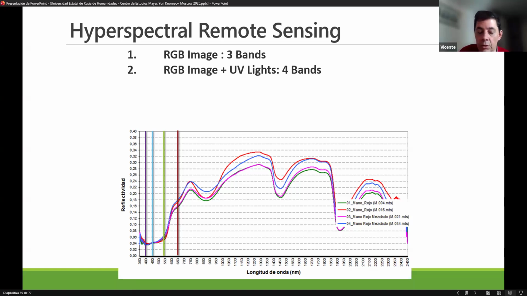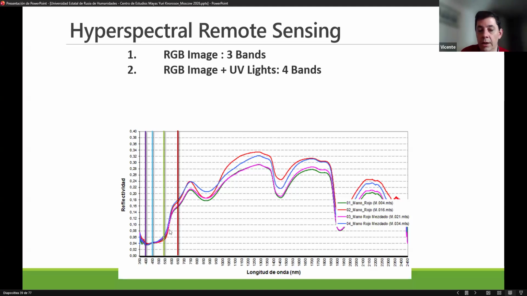We usually see a 450 nanometers wavelength for the blue color, 550 for the green color, and around 660 for the red color, okay? So if you take a picture, you have only 3 slices of this continuous spectra.